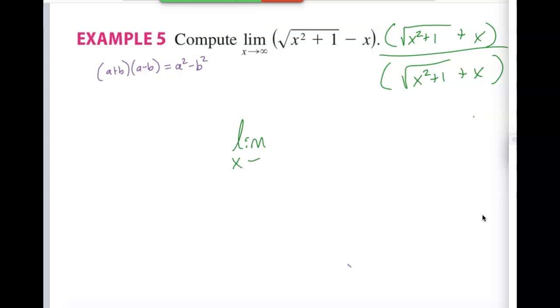And now, if this is a and this is b, I know that my numerator is going to multiply out to be in the form a squared minus b squared, where a squared is just x squared plus 1, and b squared is just x squared. And then I'll have that over root x squared plus 1 plus x.